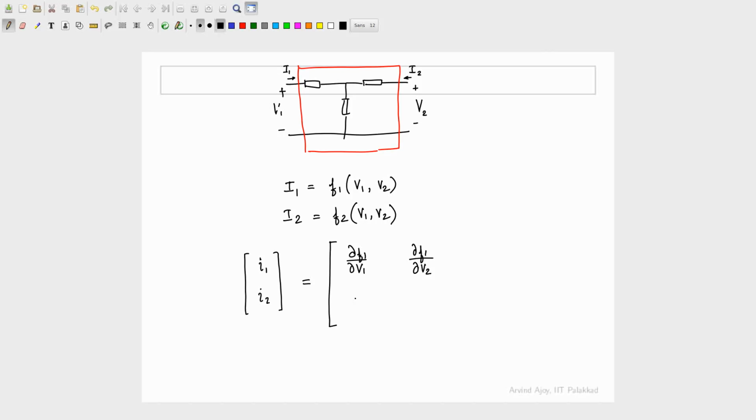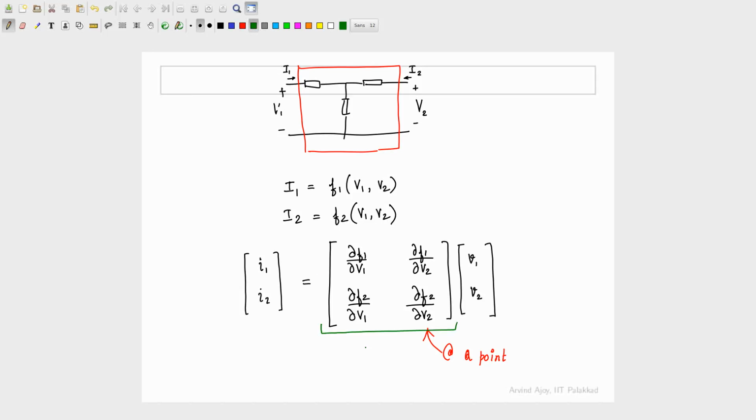we have done this in class. Can someone tell, right? Sajat, you also are familiar with this, right? So I can write this as dou F1 divided by dou V1, dou F2 divided by dou V1, and so on, multiplied by V1 and V2, right?